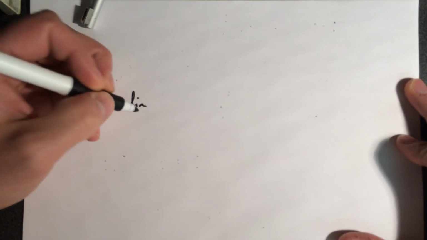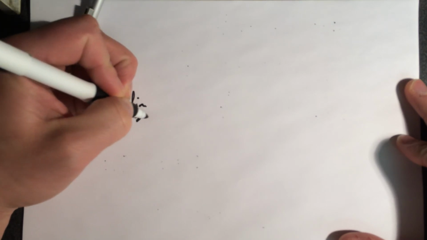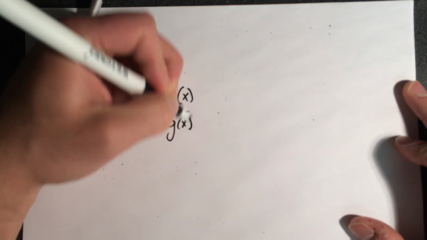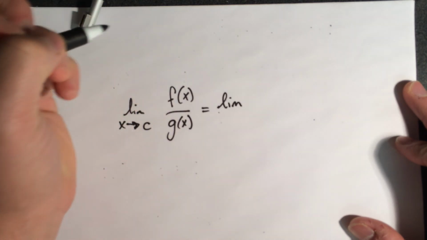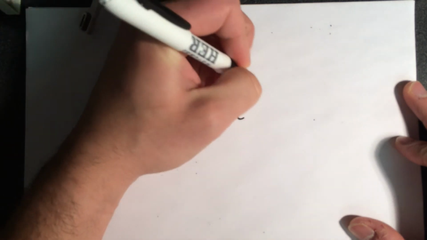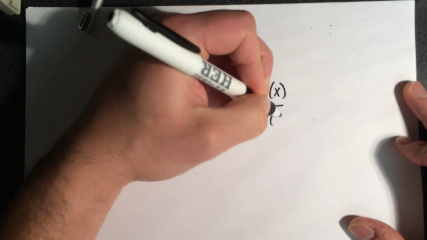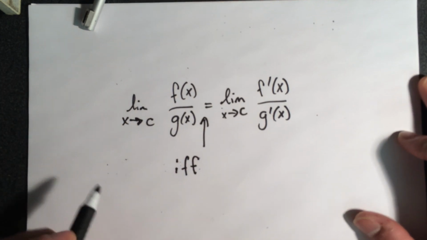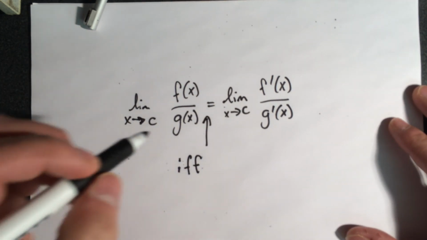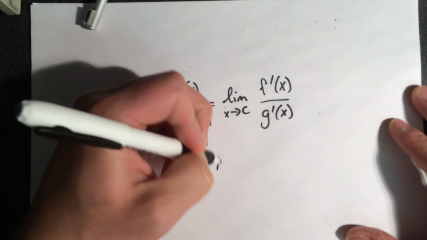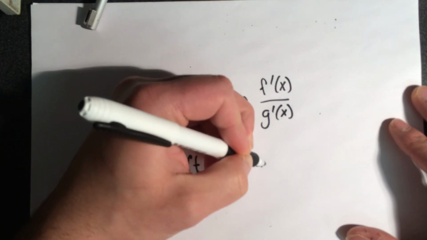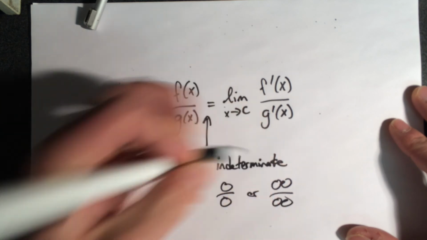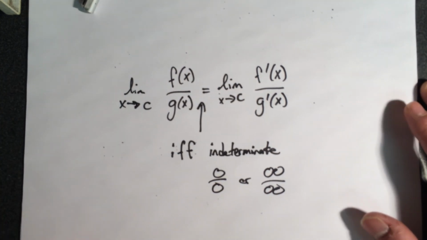The limit as x goes to some number c of f of x over g of x equals the limit as x still goes to c of f prime of x over g prime of x, if and only if, and I swear to God it's iff with two f's, if and only if this is an indeterminate form of 0 over 0 or infinity over infinity. So this is really important.